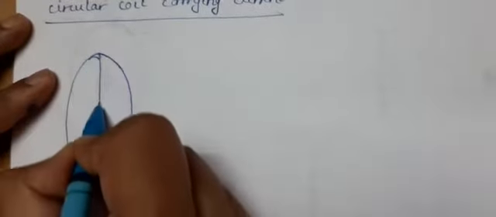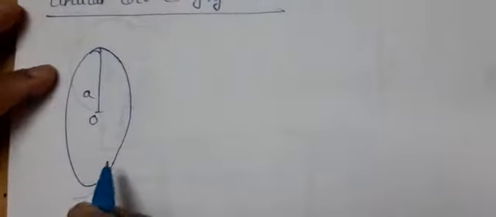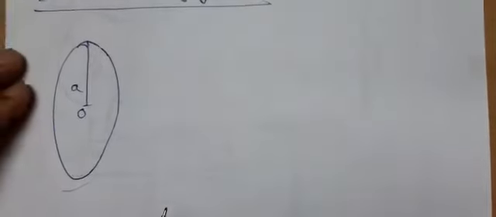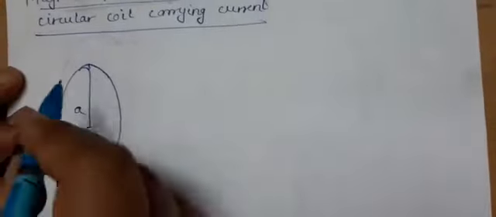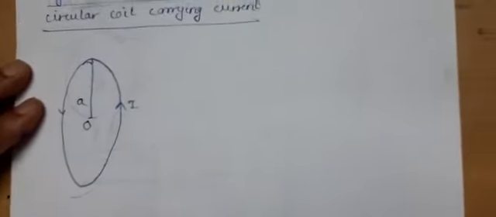So consider a circular coil of radius a and center O, and the plane of the coil is kept perpendicular. We are not taking it along this direction, we are taking it perpendicular. Now let I be the current flowing through this circular loop.